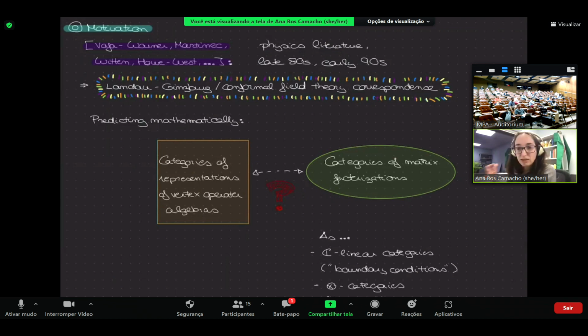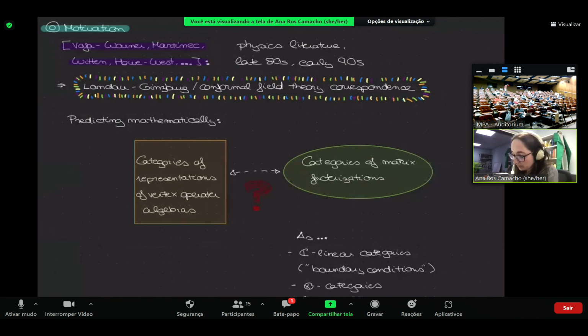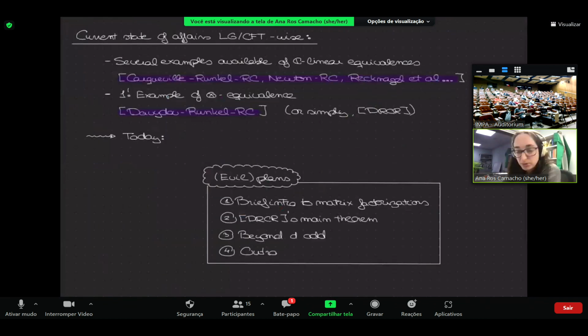As I said, how these two mathematical entities are connected, no idea exactly how this works. There's some physics literature stating, okay, this is how these two things should connect, and so on and so forth. But unfortunately, the current state of affairs is not totally optimistic. We have several examples available of C-linear equivalences.